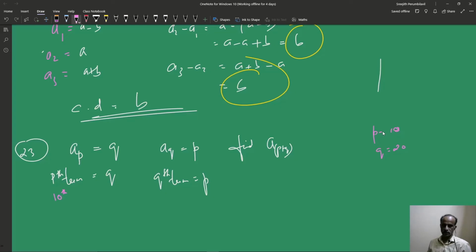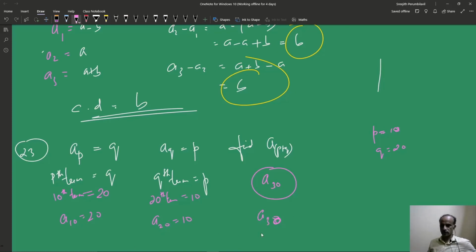So this is the situation. 10th term is equal to Q, that is 20, and 20th term is equal to P, that is 10. Find P plus Qth term, that is the 30th term. A10 is 20, A20 is 10. So find A30. This is the question that is asked.